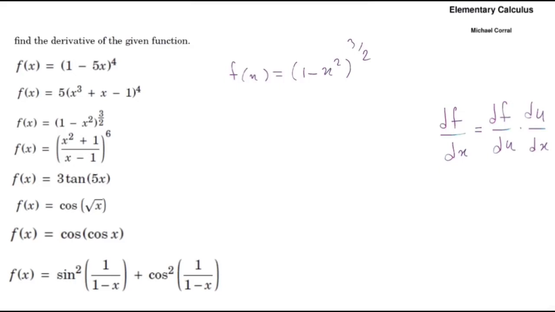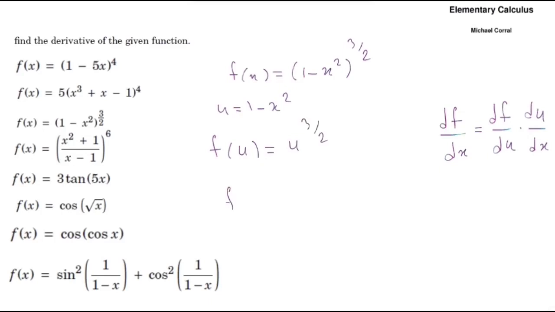So firstly we consider 1 minus x squared as the u function, so u equals 1 minus x squared, and f(u) equals u to the 3 over 2.